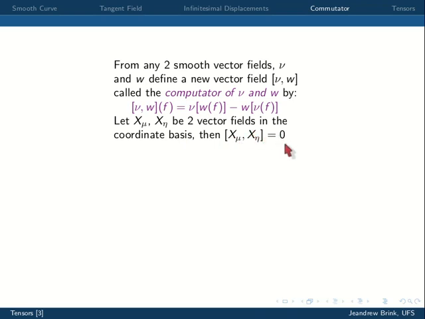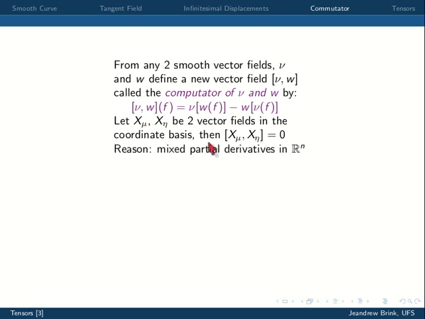What that basically says is, remember your coordinate basis is just d/dx of something. If you have a function of x and y, and you take d/dx of it and follow it with d/dy, and you switch it, it's the same thing, because d/dx d/dy is the same as d/dy d/dx. So in that case, the bracket or the commutator is 0. But the moment you have components coming in and the vectors aren't basis vectors, then it's very often not 0.